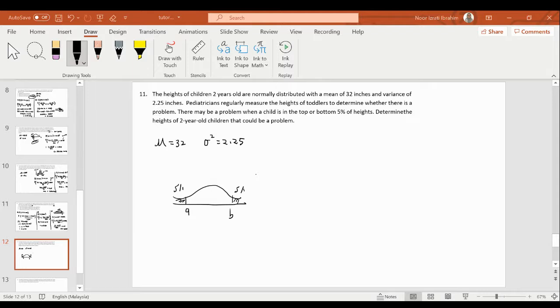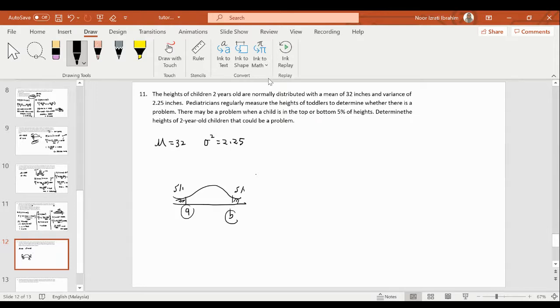But before that, you should know that you are given the X value. So from here, we want to find the A and the B.